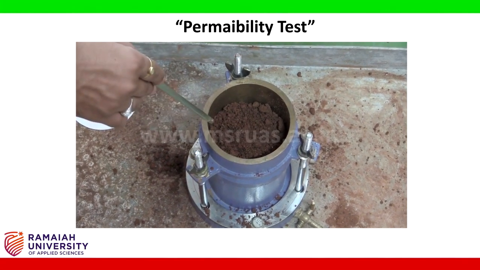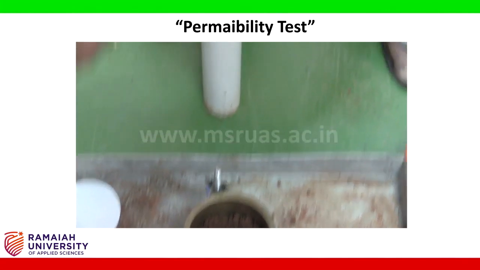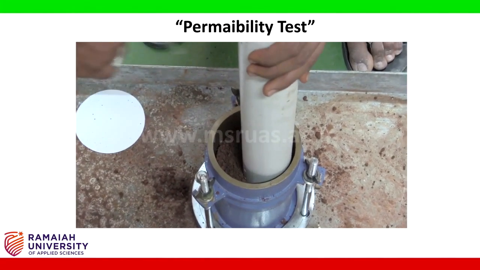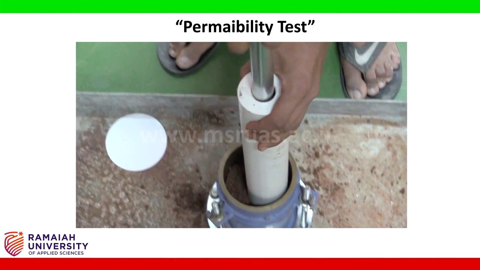Once the first layer is placed, it is now time to compact the specimen by giving 25 blows evenly distributed throughout the surface.